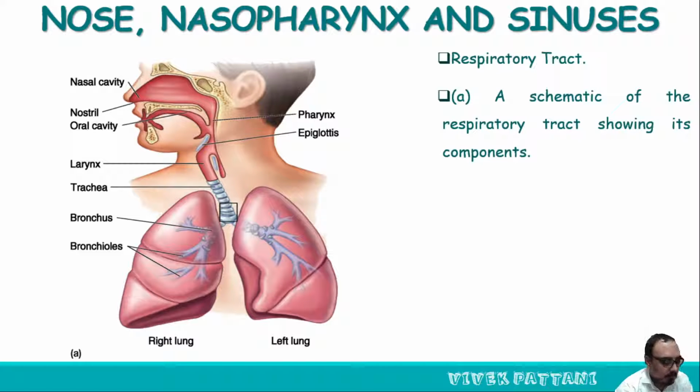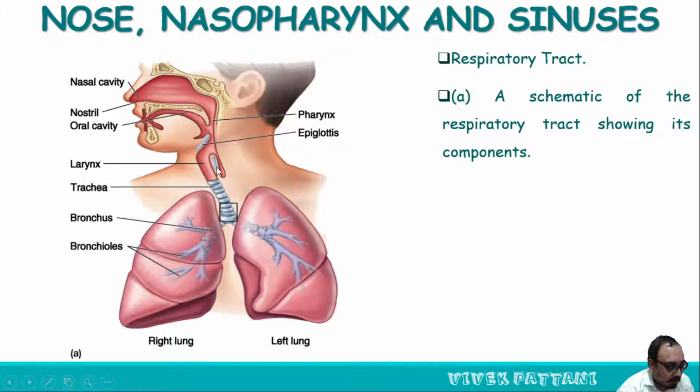Okay, so the diagram shown here is of a respiratory tract, which contains the nasal cavity on the upper end, nostril, the oral cavity also, which is a part of the respiratory tract, the pharynx and epiglottis.